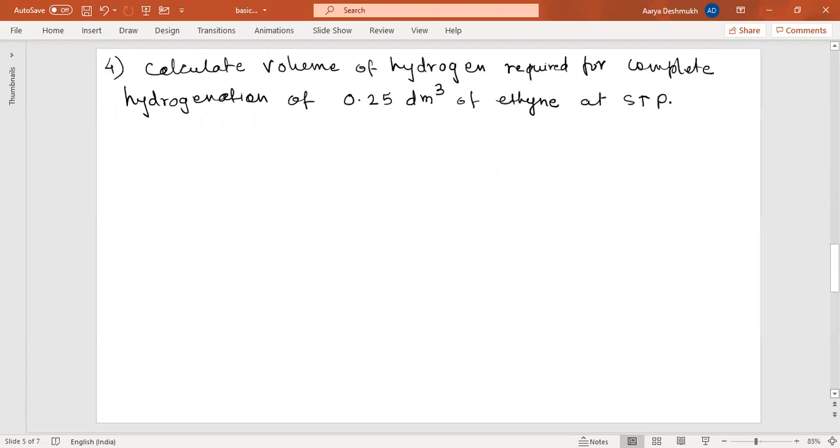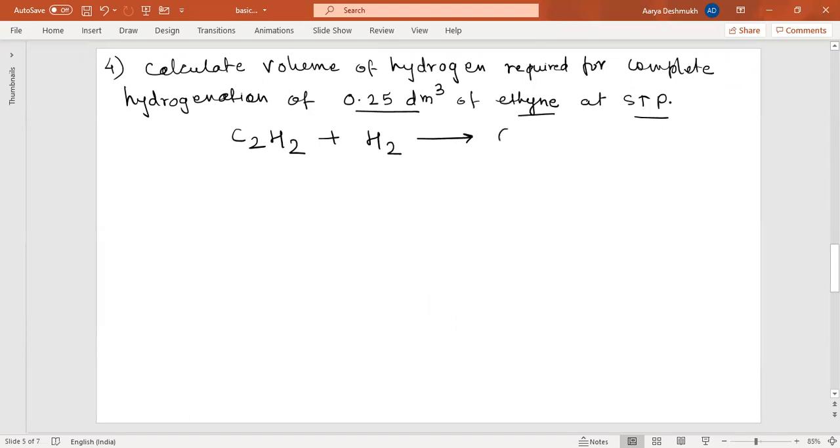Calculate volume of hydrogen required for complete hydrogenation of 0.25 dm cube of ethyne at STP. Now first thing you should do, try to write down the reaction. Ethyne means C2H2, that is an alkyne. Hydrogenation means it should react with hydrogen, isn't it?